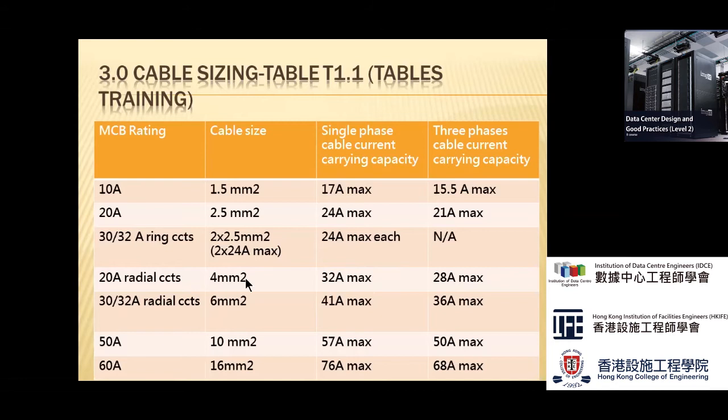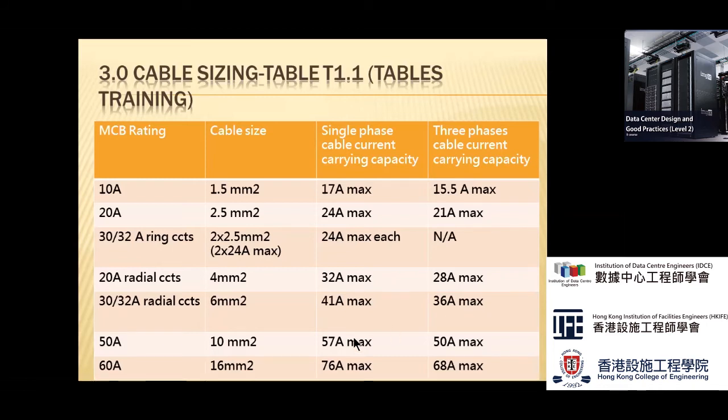If using 4 mm square cable for three phase, supplying with three cables, each cable can provide only 28 amp. By the same token, for a 30 and 32 amp radial circuit, you need a larger cable, which can provide 41 amp if single phase, but three phase is 36 amp.